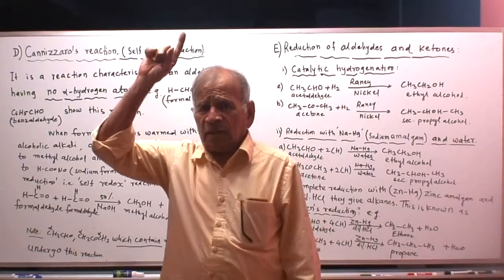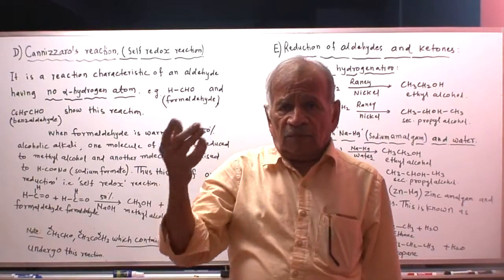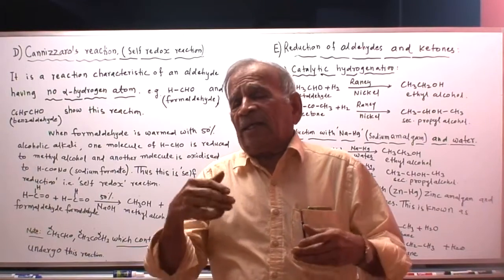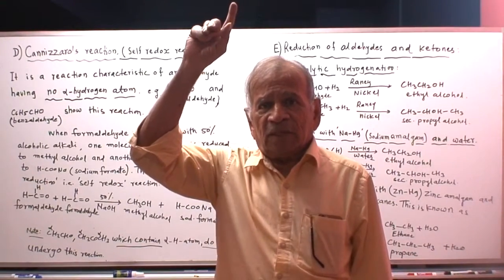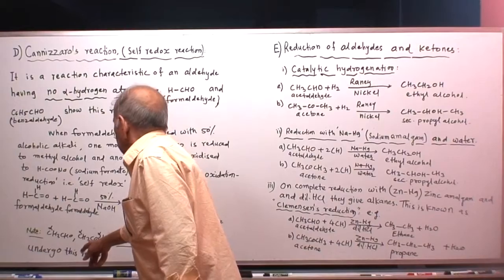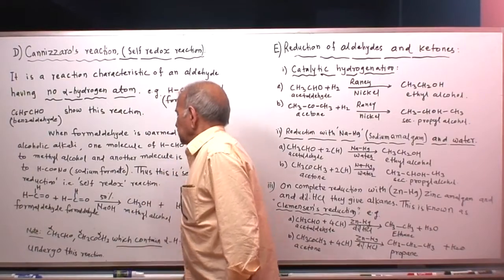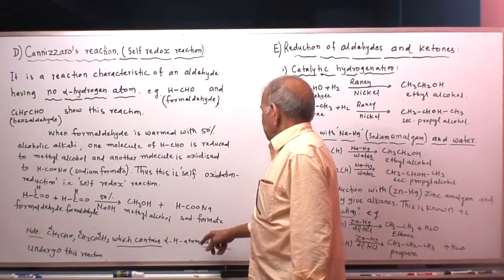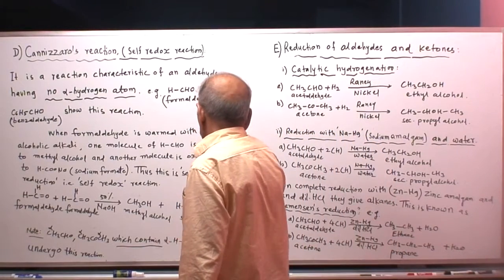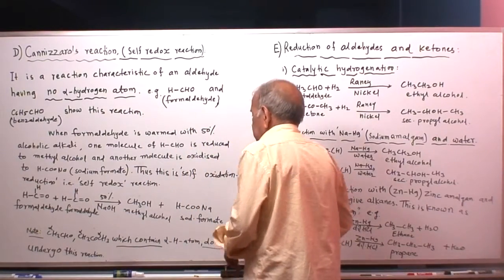We have seen in aldol condensation that benzaldehyde and formaldehyde, which do not contain alpha hydrogen atom, never undergo aldol condensation. Now, contrary to that, we shall write down a note here that acetaldehyde and acetone, which contain alpha hydrogen atom, do not undergo this reaction.